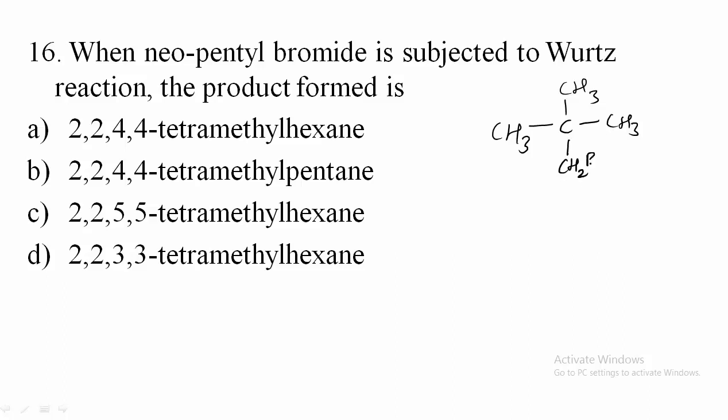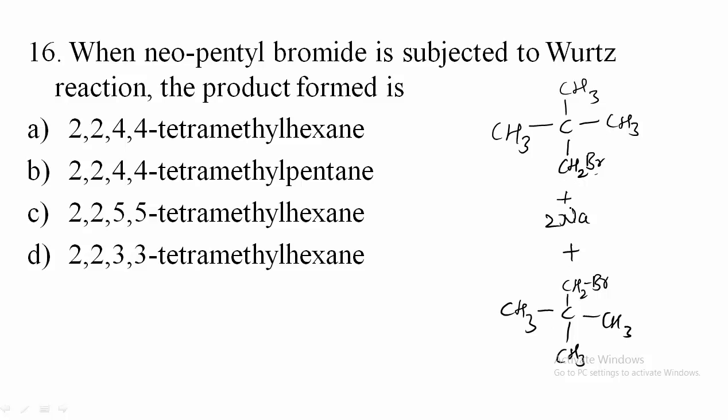So CH2Br. Instead of one hydrogen, we have to write bromine. So it is 1 mole, plus 2 Na, plus another mole of neopentyl bromide, CH3, C, CH2Br, and CH3, CH3.